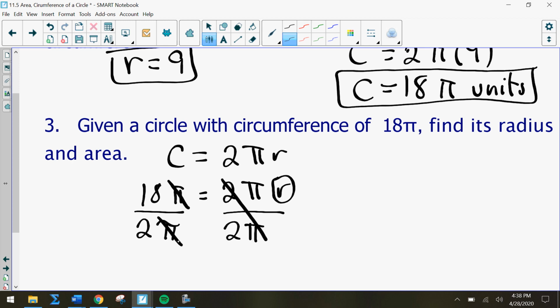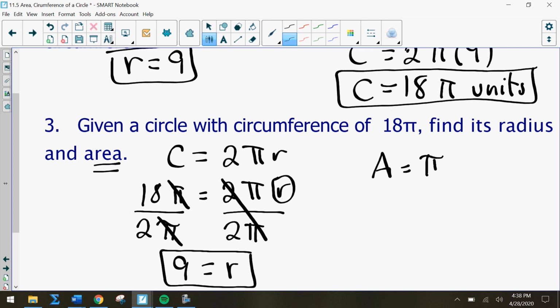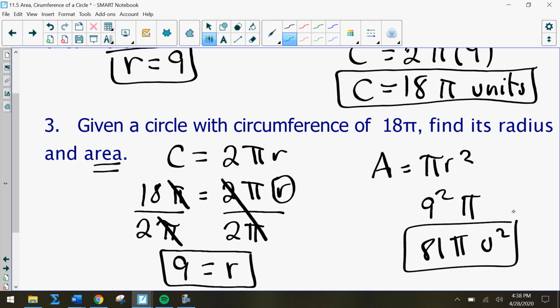So I'm going to reduce that, and then we have 18 over 2, which gives us 9, and that gives us the radius. And then the area would be pi r squared, so 9 squared times pi, which is 81 pi square units. Okay, so you can always set up an equation to solve.